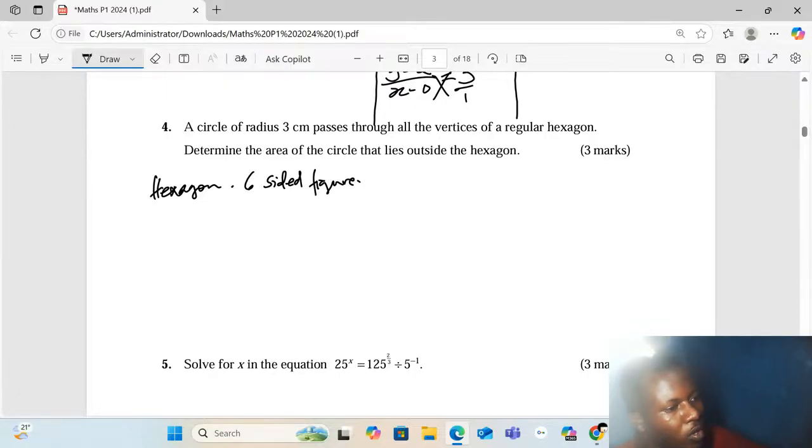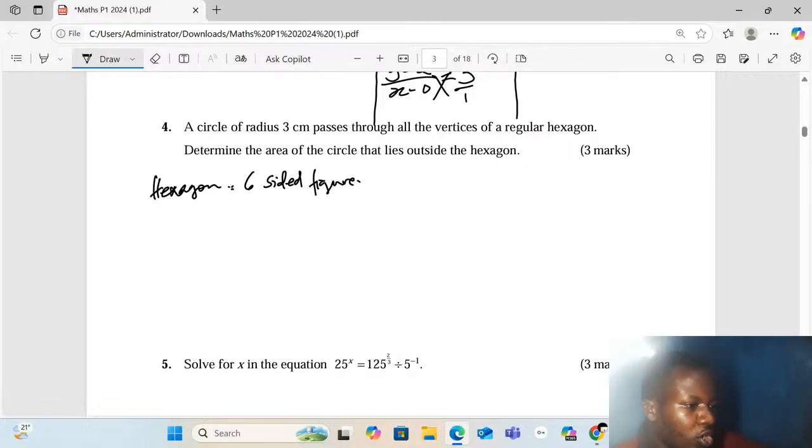we all know the total number of degrees or angle for a hexagon, or rather any polygon, must give us 360 degrees. So we are having 6 sides.